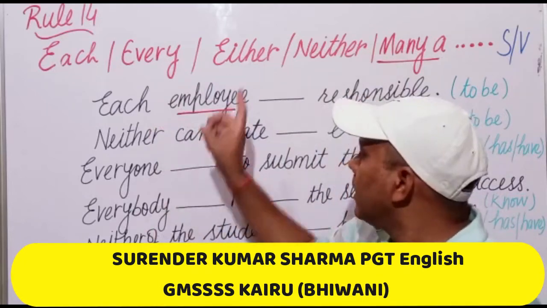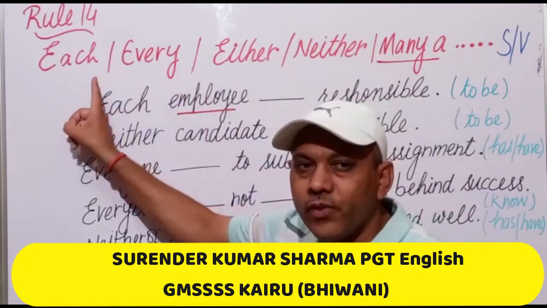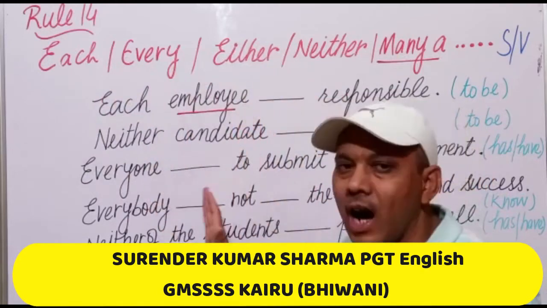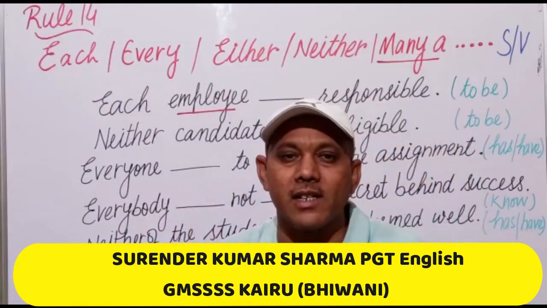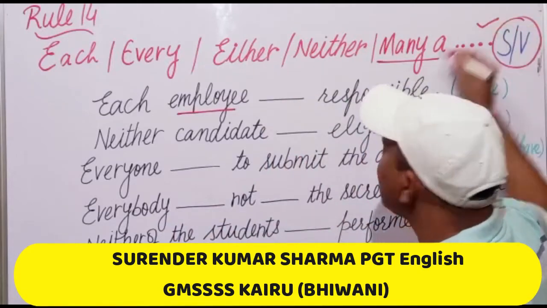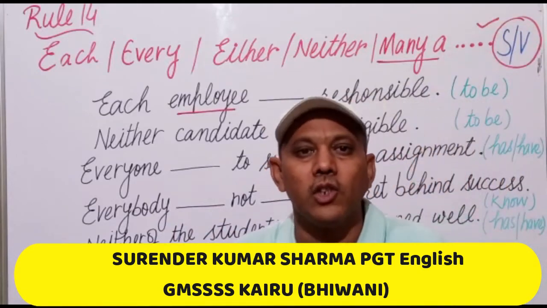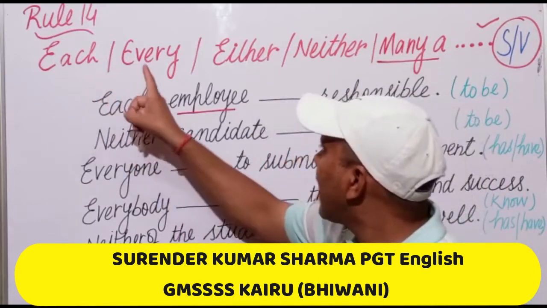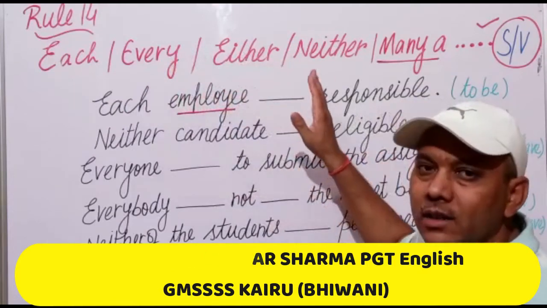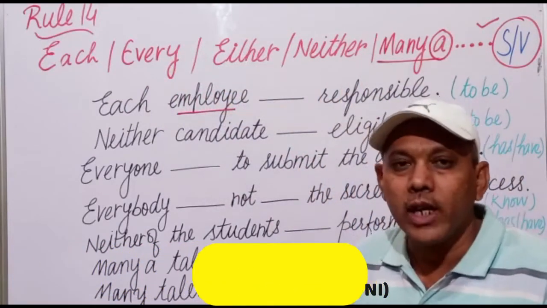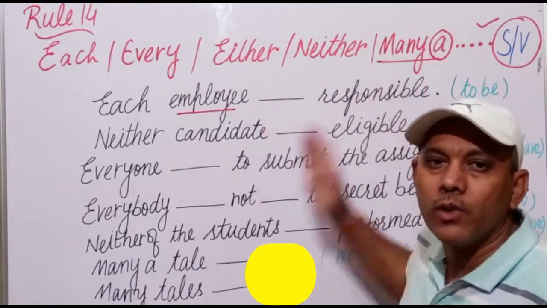If a sentence begins with these words and is followed by a noun or the subject in a sentence, they usually take a singular verb. Each, every, either, neither, and many a, not many. They take a singular verb.